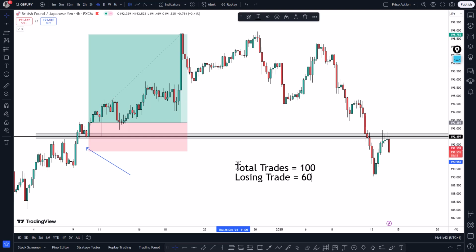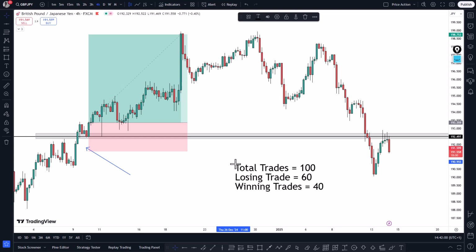Now you lost 60 trades, but you won 40 trades, because you took 100 trades, remember. Winning trades, 40 trades.